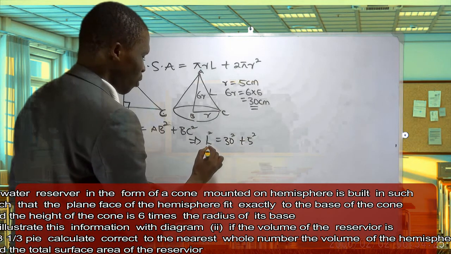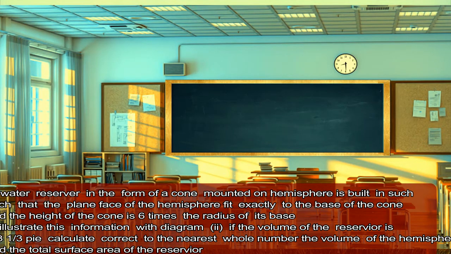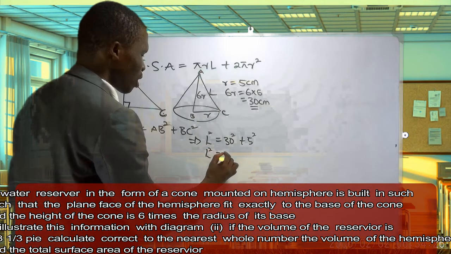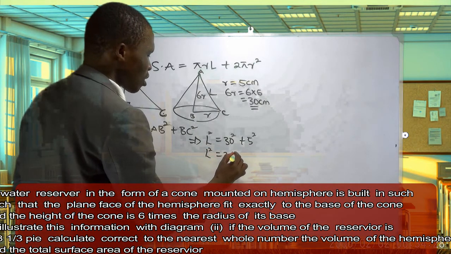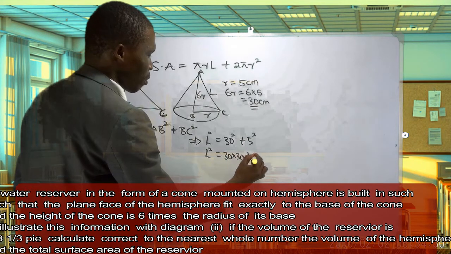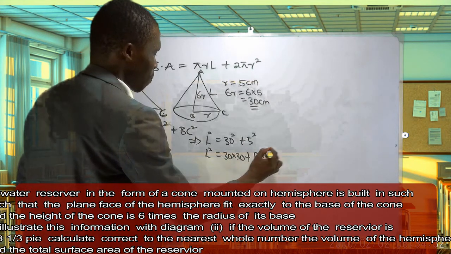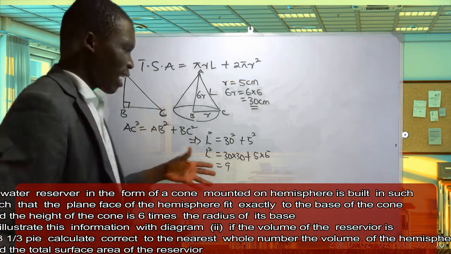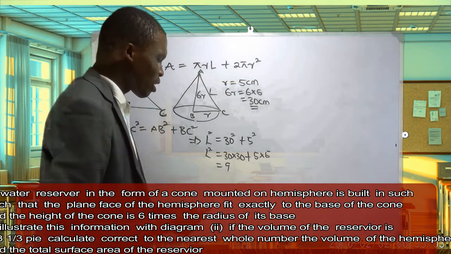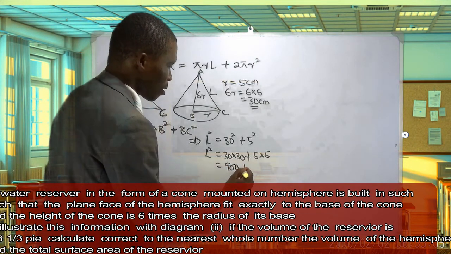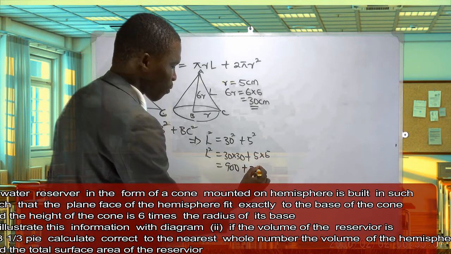So this will give us L squared equals 30 times 30 plus 5 times 5. Okay, class. 30 times 30 will give us 900. 5 times 5 will give us 25.